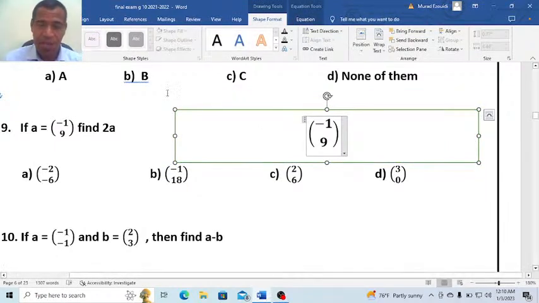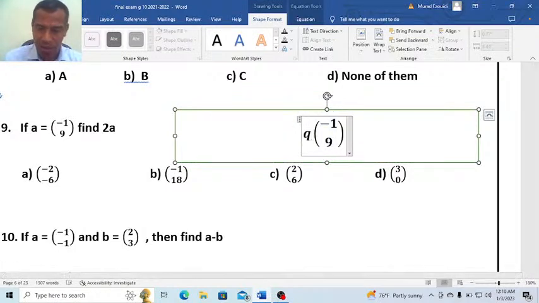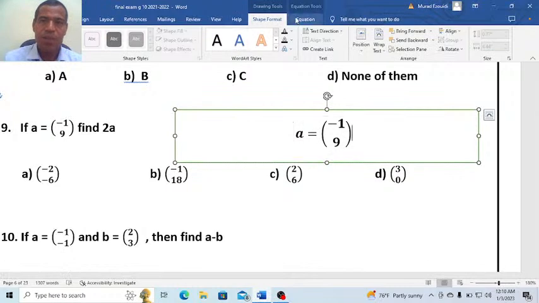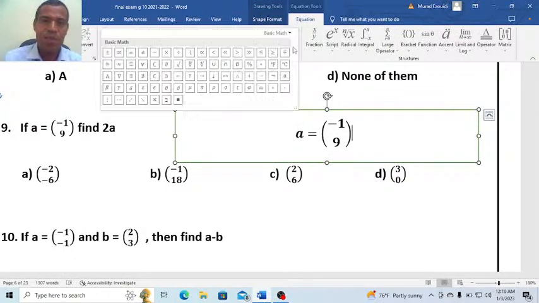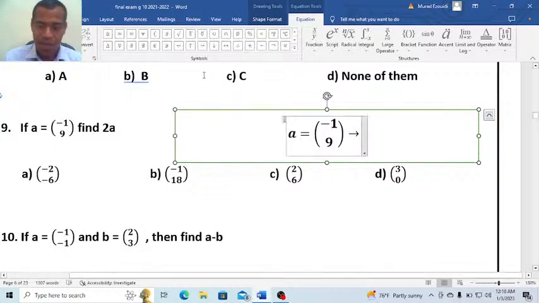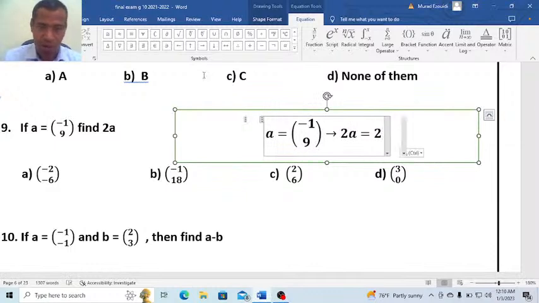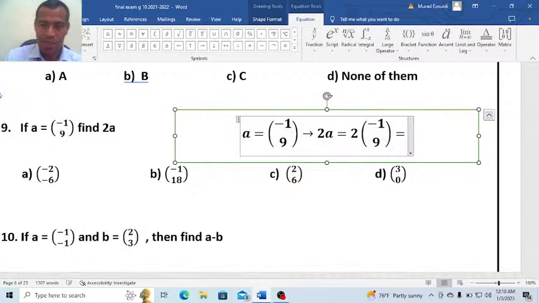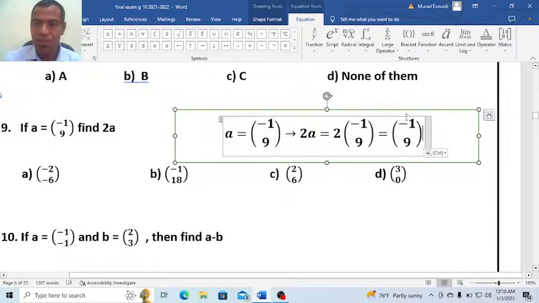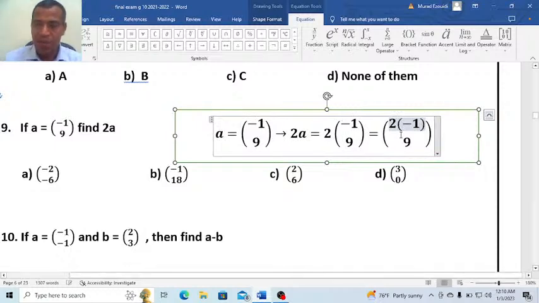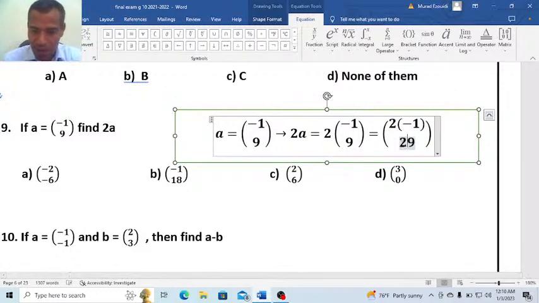This is A, therefore 2 times A. You multiply minus 1 by 2, then 2 times 9. So 2A is equal to 2 times minus 1, and 2 times 9.